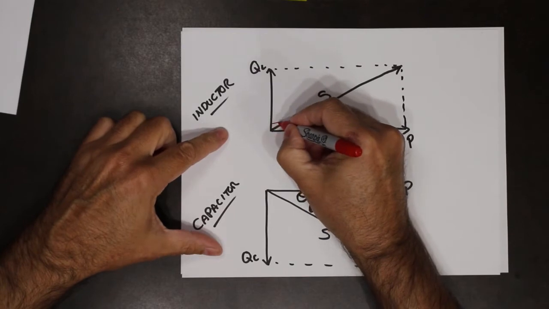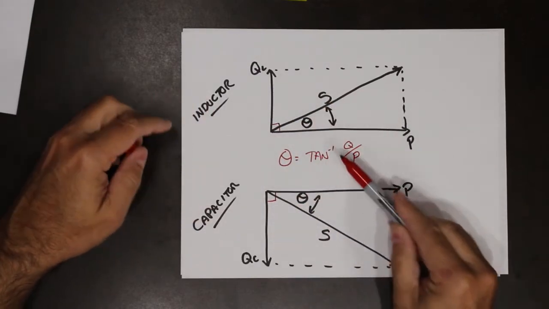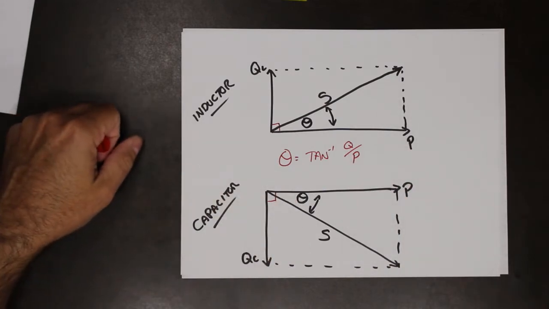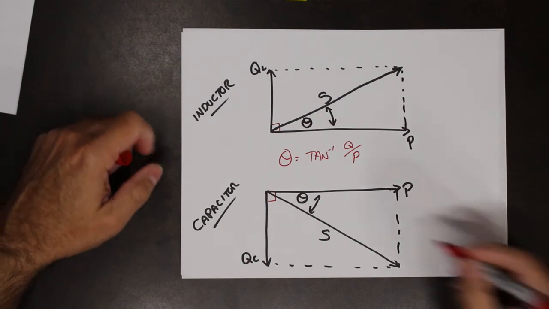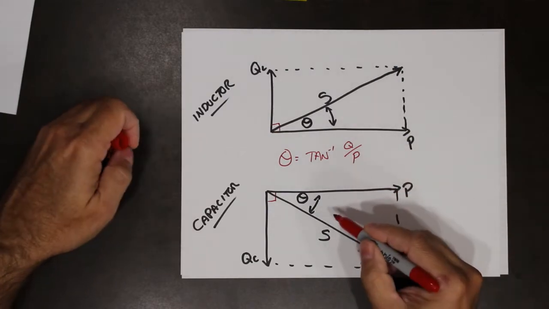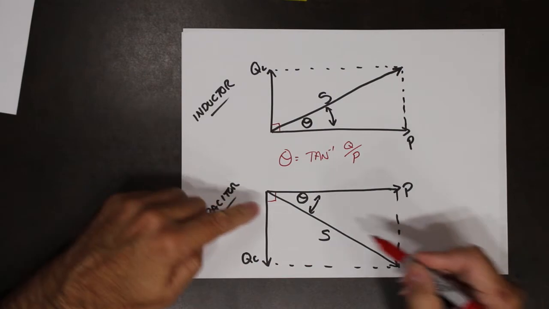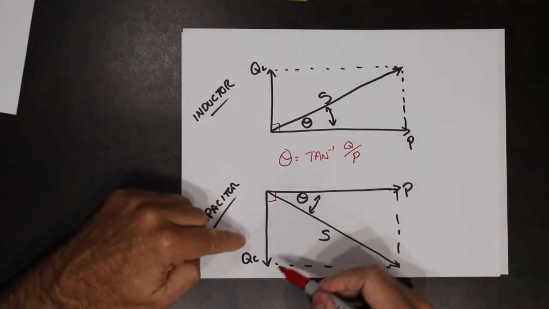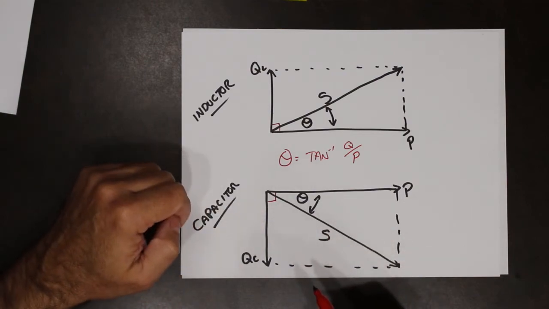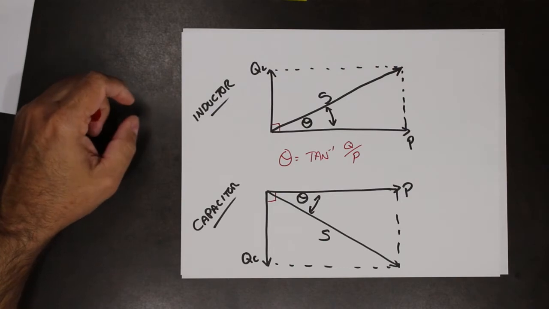Since this is a right angle, we can use our trig laws: it's tan minus 1 of Q over P gives us the phase angle. Now, the phase angle in this case will be positive, in this case will be negative. If you know that it's a capacitive load, it will be a negative phase angle. If you know it's an inductive load, it will become a positive phase angle.